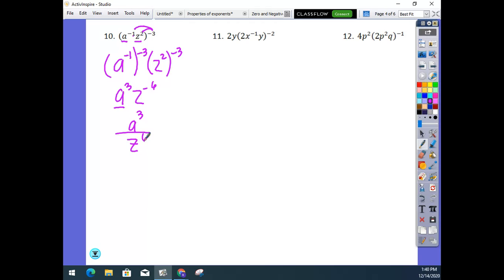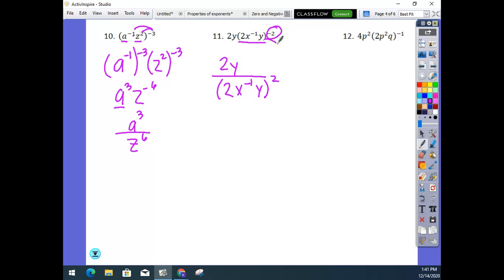All right. Different ways to do this one. This 2y, there's nothing I can do with it. I need to distribute my -2 through. The other thing we could do, we could move the whole thing to the bottom and make that exponent positive.